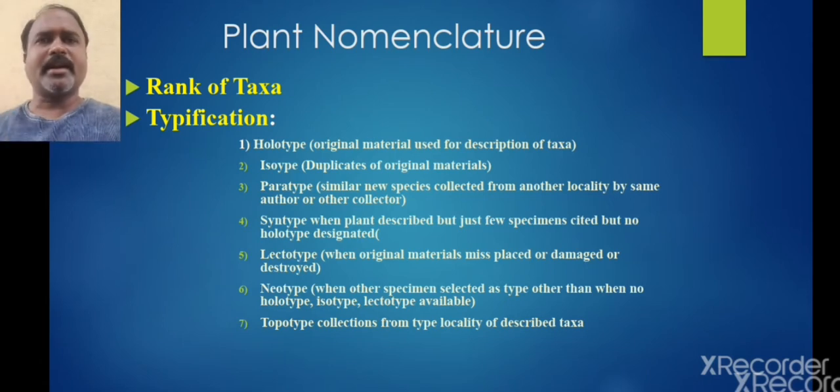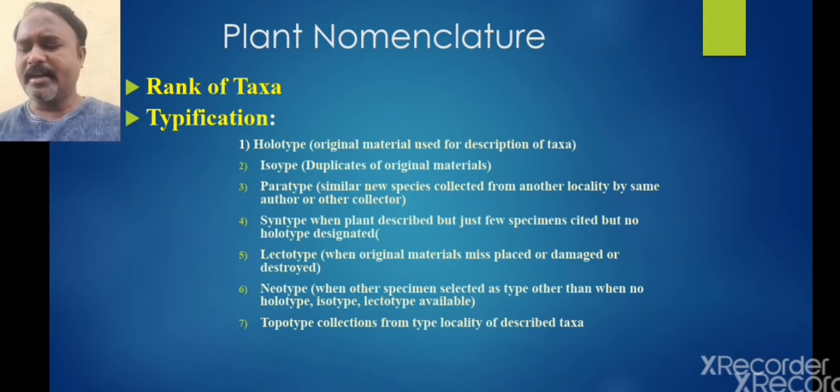So when the author is collecting that specimen, citing that specimen with some serial number and A, B, C, D, in that the specimen A is the holotype and B, C, D will be the isotypes.